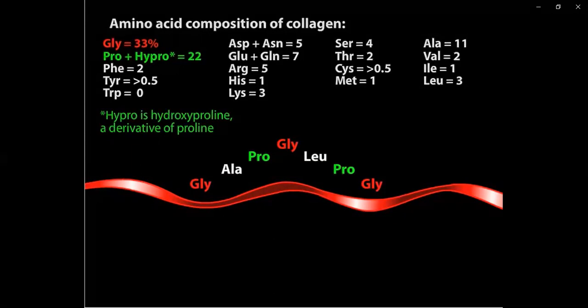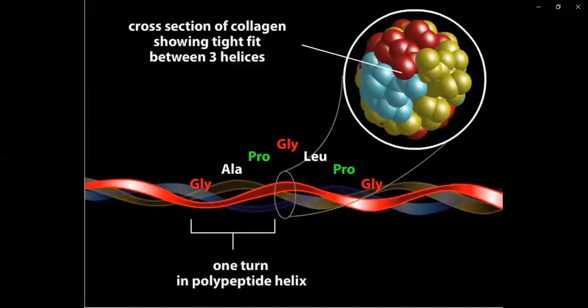Each helix contains three amino acids per turn, with glycine located at every third position. The three polypeptides in a collagen molecule associate with their glycines all facing collagen's center. Glycine is the only amino acid small enough to allow the polypeptides to pack by hydrogen bonding into a tight cable.